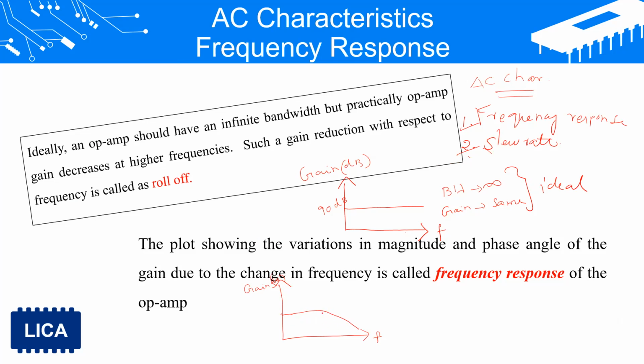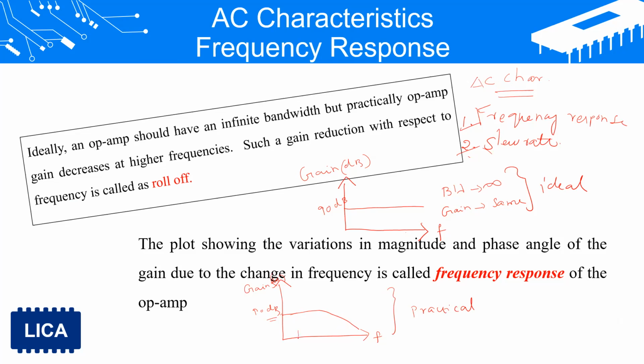The gain rolls off from 90 dB in the practical case. Why is it like that? The gain is rolled off at high frequency.